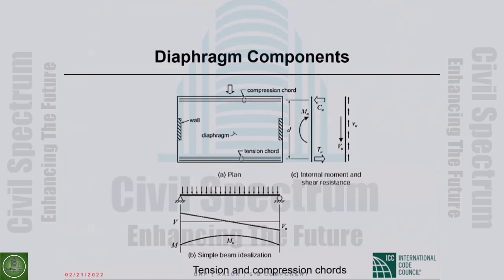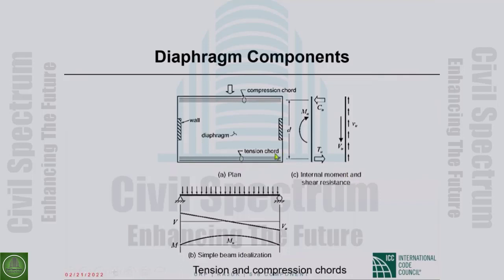Now, when a diaphragm is subject to lateral loads due to wind or earthquakes, if this is the direction of the lateral load, there would be tension on this face, compression on the other face. The tension has to be taken by reinforcement. We have no choice. Concrete doesn't carry much tension.